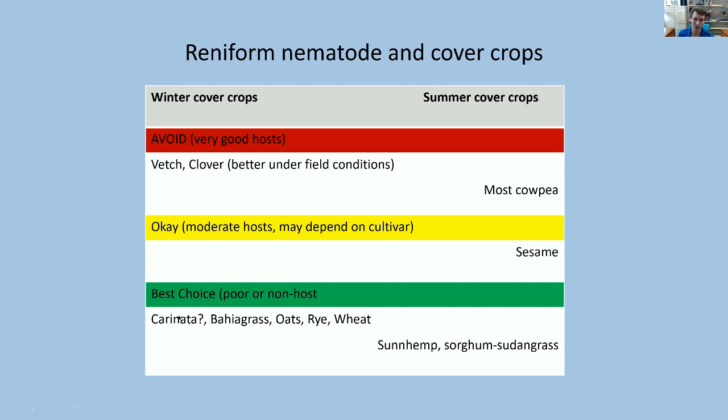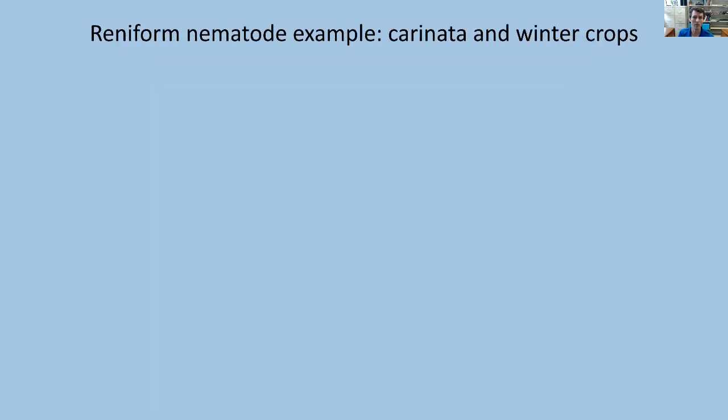Things that tend to be a little bit better, or among our best choices, at least based on our initial data, Carinata seems to be good, Bahia grass, and most of our grasses tend to be non-hosts and work well for managing reniform. And again, summer cover crops, sun hemp is a good one, and sorghum Sudan grass is also a non-host.